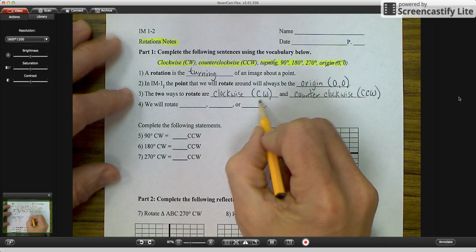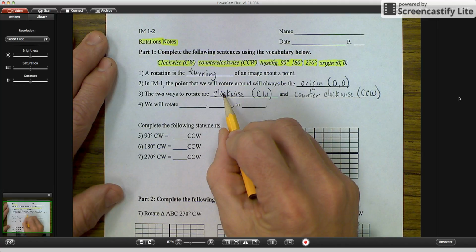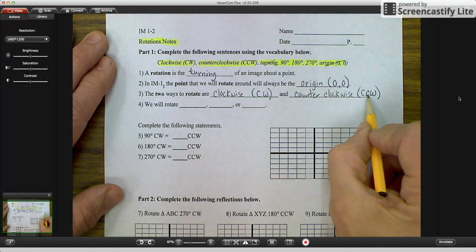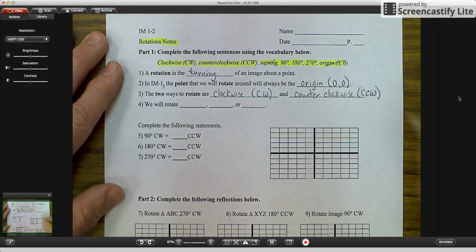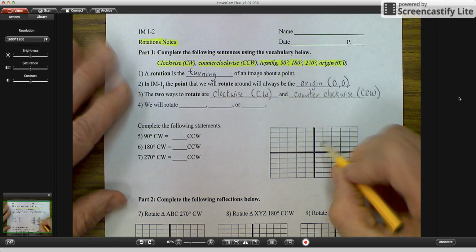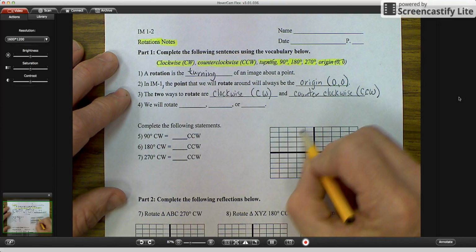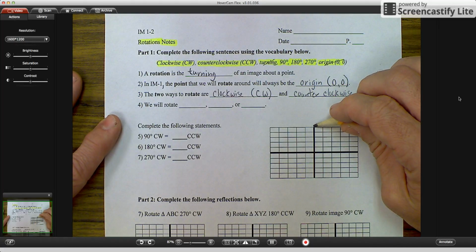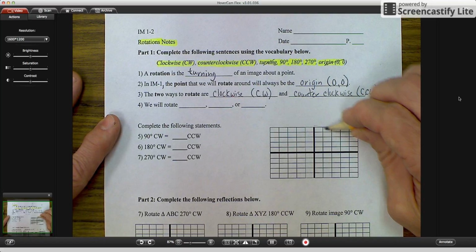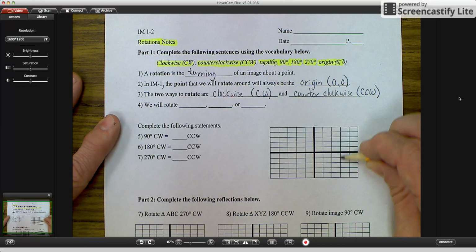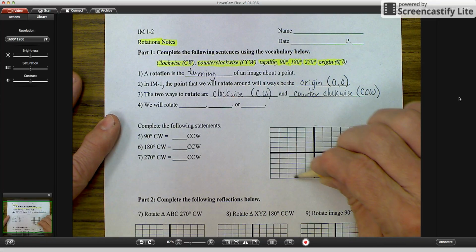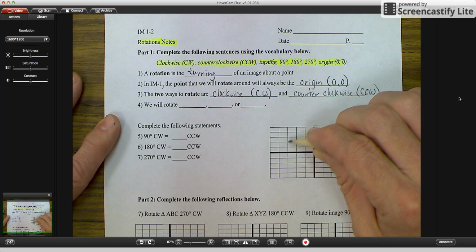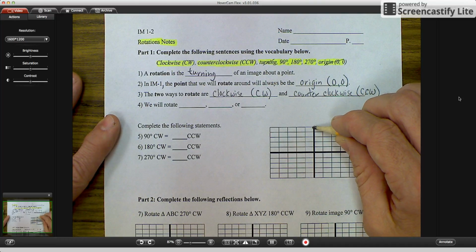And the CW is going to be the abbreviation for clockwise, and the CCW is going to be the abbreviation for counterclockwise. So clockwise is if we were to look at this and think that this coordinate plane is our clock, clockwise would be going in the direction of the right, around the bottom, and then around to the top again. So again, we would start at 12 o'clock.